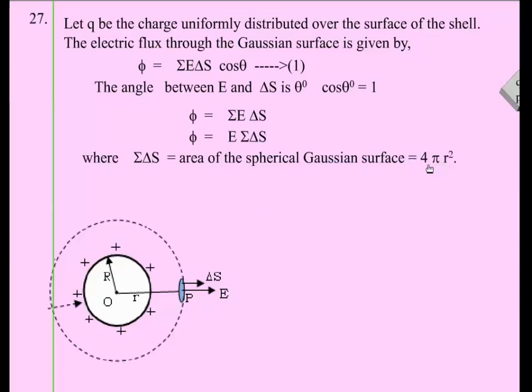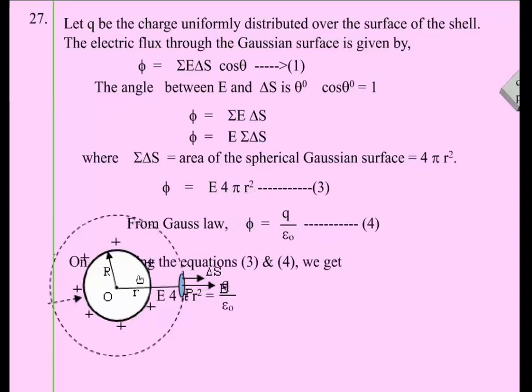It is given by 4 pi r square. Substitute for this one. That is phi is equal to E into 4 pi r square. Take this as equation 3. From Gauss law, phi is equal to Q by epsilon naught. From equation 3 and 4, left hand sides are equal. So we can equate right hand sides. It is like this.